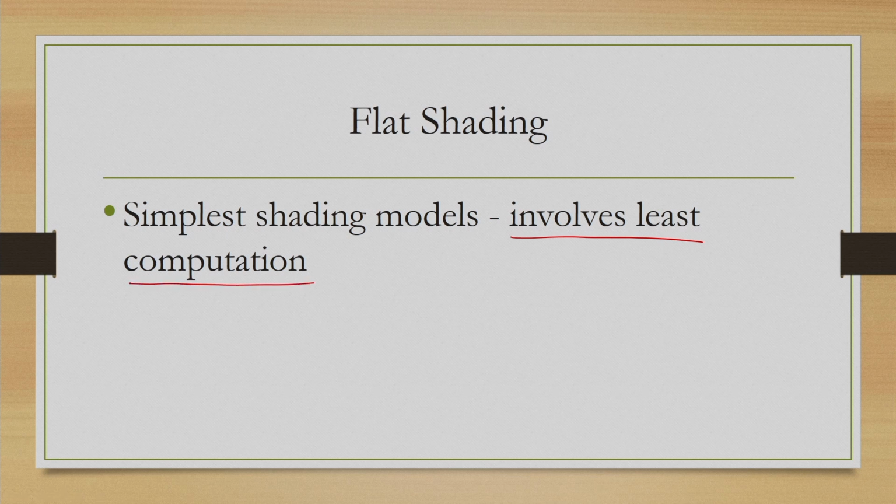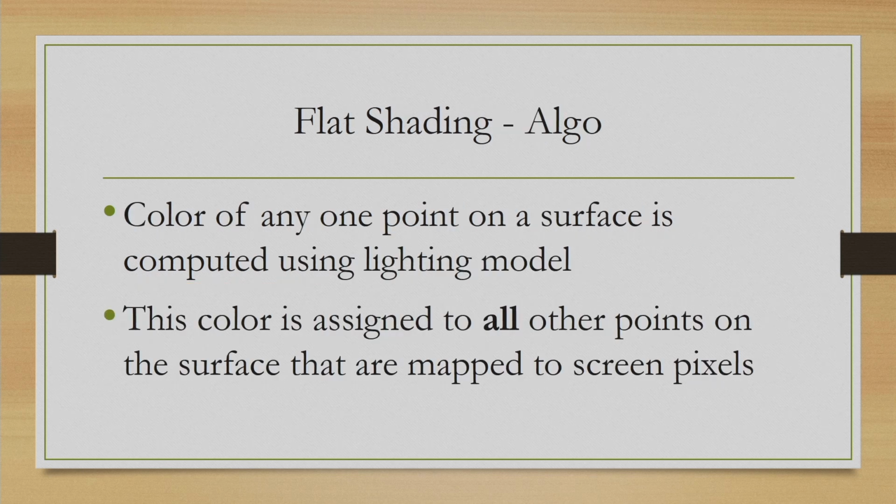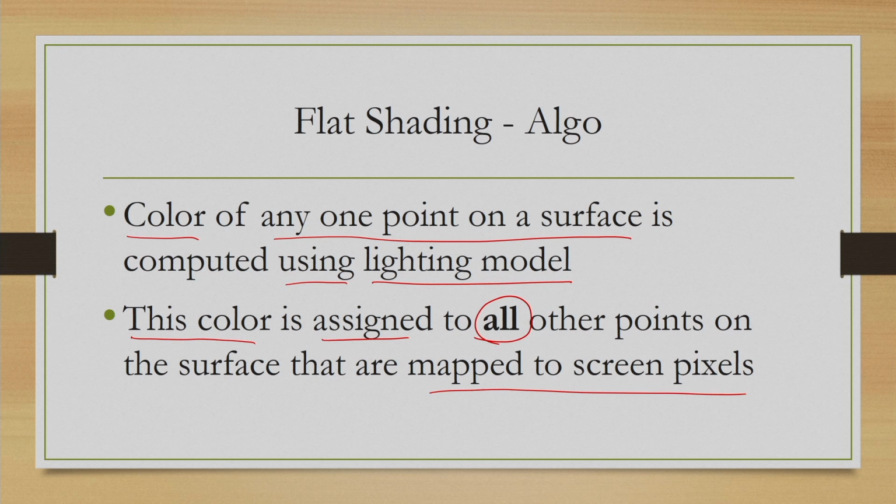In this flat shading model, we first find out the color of any one point on a surface using the lighting model, and then this color is assigned to all other surface points that are mapped to the screen pixels.